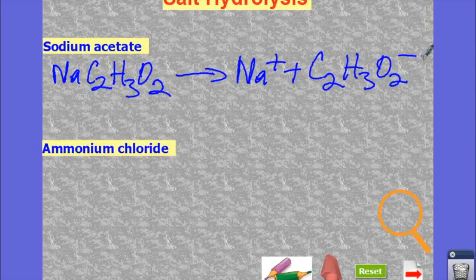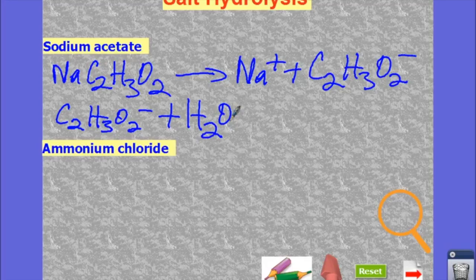Now, if I take my C2H3O2 minus, it is in water. Let me show you what will happen. Did we say sodium acetate is basic or acidic? It is basic. If it is basic, it has to produce OH minus. Where is that OH minus coming from? It is coming from the water. To make things easier, we can write water as HOH.